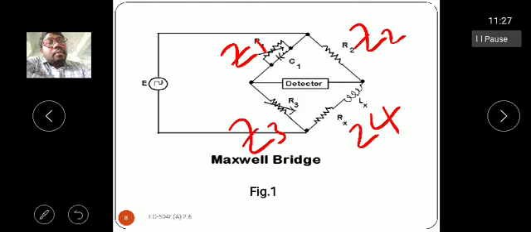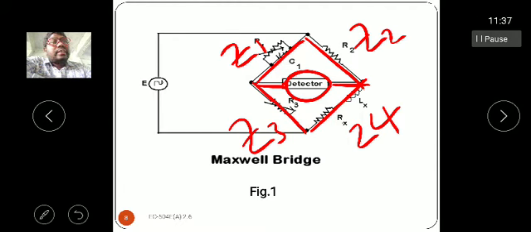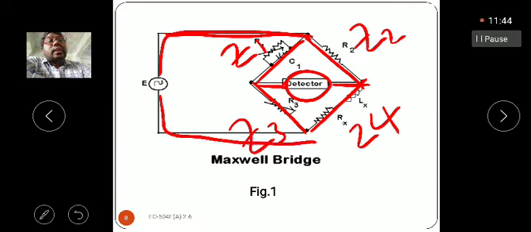The four arms are connected in the form of a bridge, and we connect the detector for balancing of the bridge circuit. The supply, that is the AC supply, is given to this bridge circuit. This is the construction of the Maxwell's bridge.